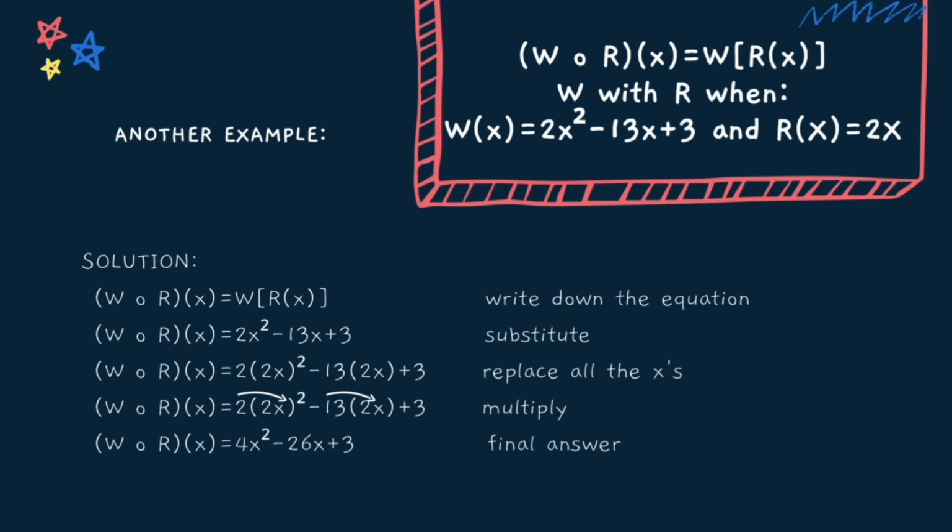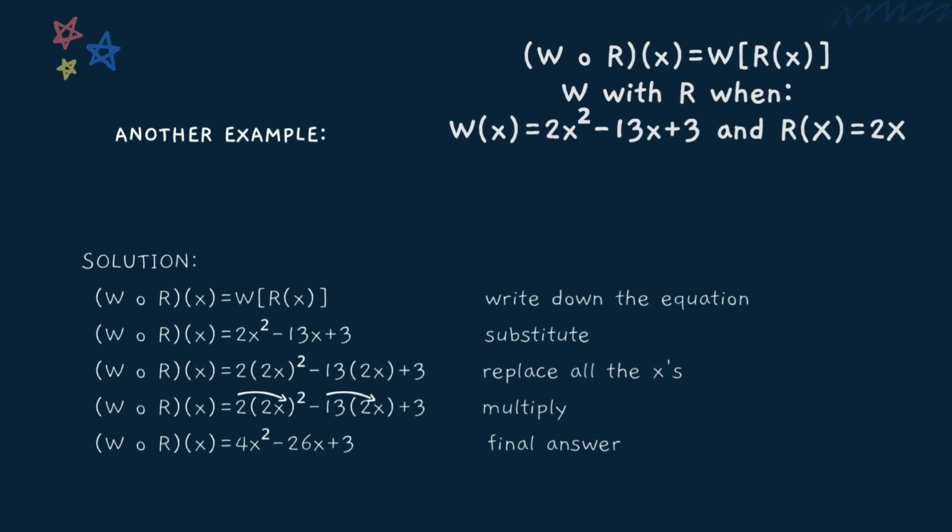Then, substitute all the x's on the right side with the value of r of x. To simplify this, multiply 2 by 2x squared and negative 13 by 2x. After you do this, you will be getting 4x squared minus 26x plus 3. There are no like terms, therefore, the composition of w with r is 4x squared minus 26x plus 3.